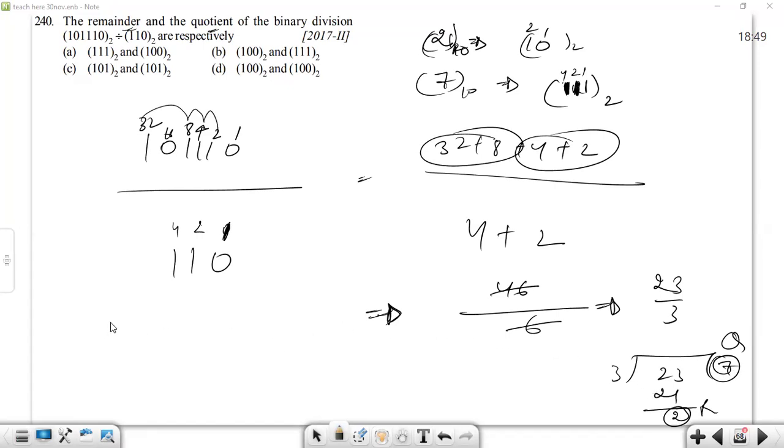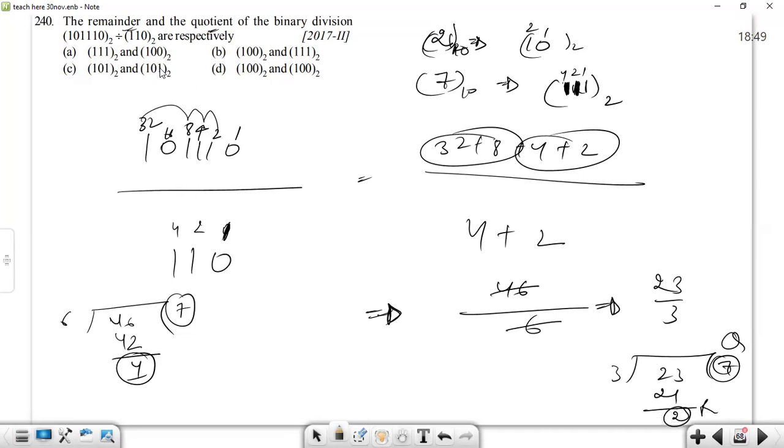Okay, let me tell you why, giving an example. 46 divided by 6. So 6 into 7 is 42, and the remainder is 4, and the quotient remains the same. And why has it happened? Because basically we have divided the numerator and denominator both by 2. That's why it is happening. The remainder also becomes divided by 2. Clear?